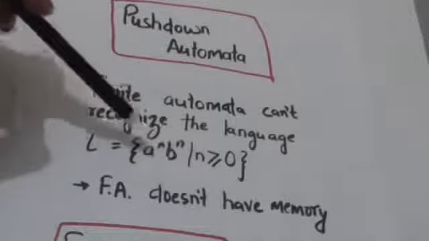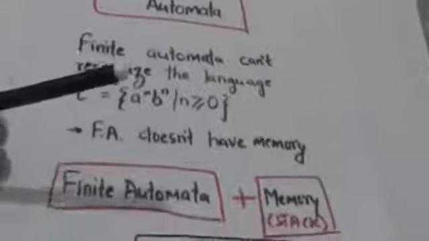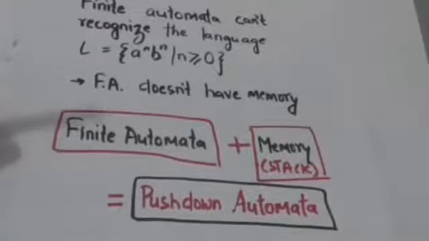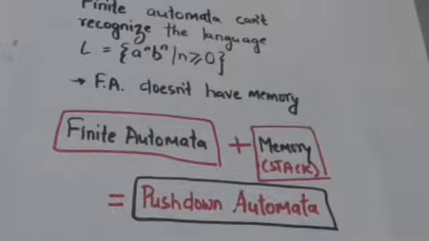But if we add some memory to a finite automata, then it will be able to memorize something and definitely its power will also be increased. Then it will be able to recognize such types of languages.